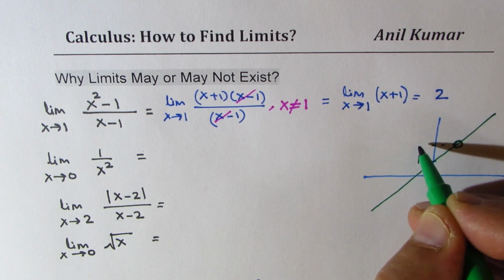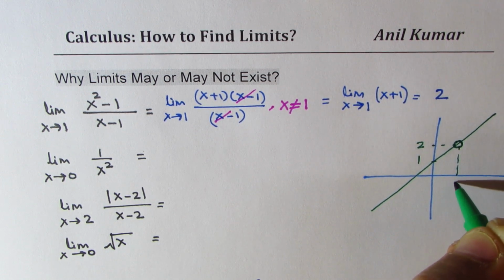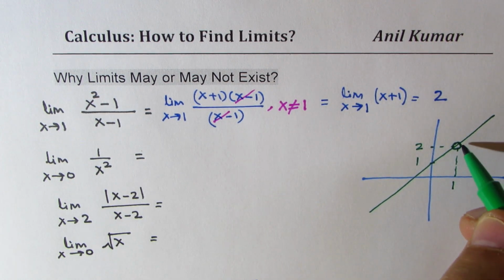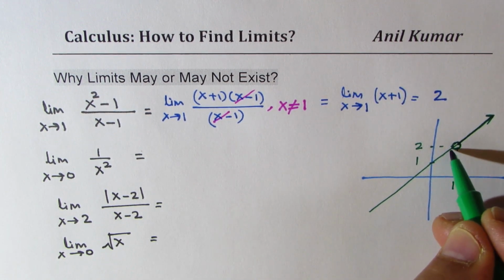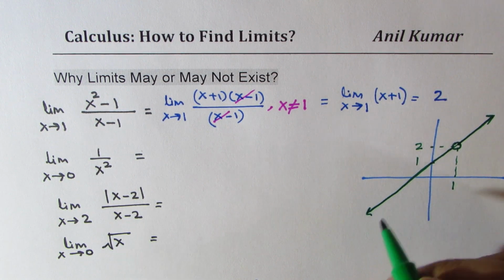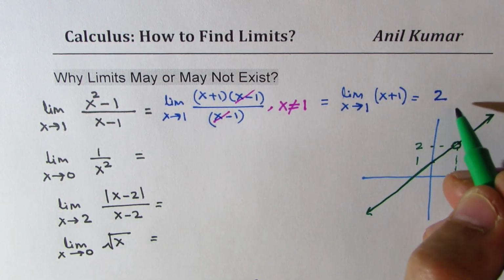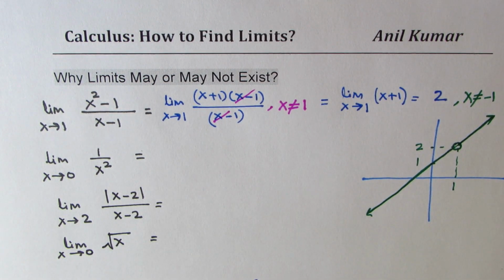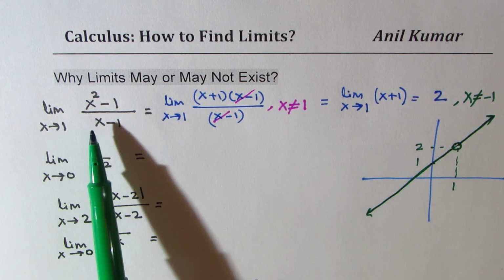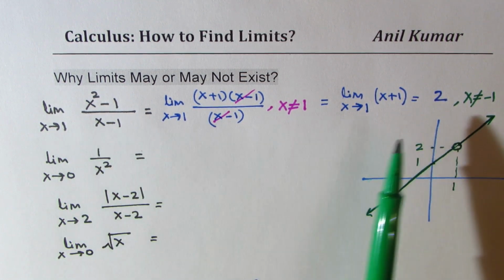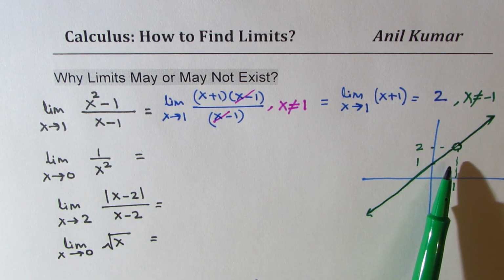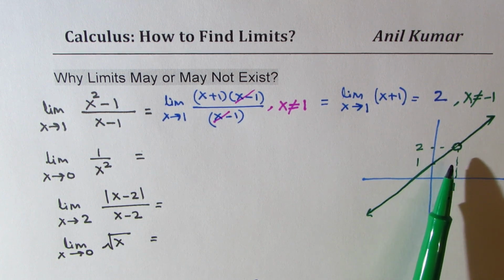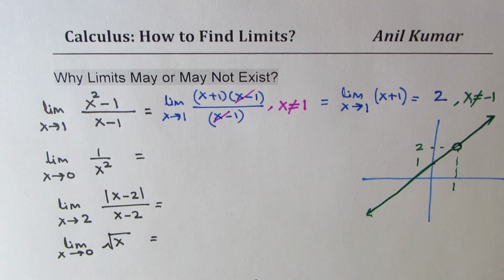And the y value is 2 as x approaches 1. So it is a straight line with a difference, and that is it has a hole. So here again, x is not equal to 1 is a very important restriction which you should put when you're finding this limit. So the limit may exist even if the function does not exist at that point. I mean, you have a hole, right? Still the limit exists. Now let's look into the second question.